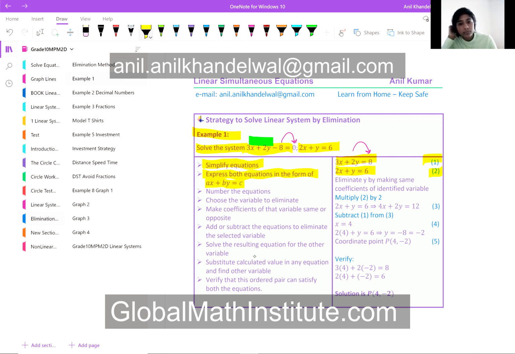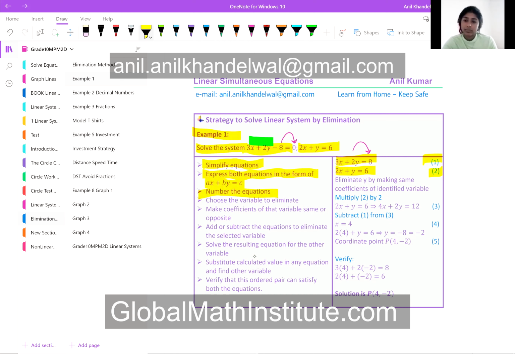So we're keeping the variables on the left side and the constants on the right side to begin with, so that clearly you can map x and y, and see which of y or x is easy for us to eliminate. That is the whole process. Of course, you need to number the equations. That helps you to communicate better whenever you're solving questions, right?